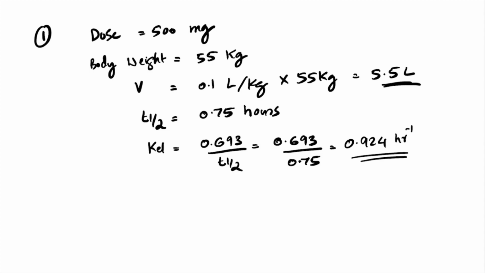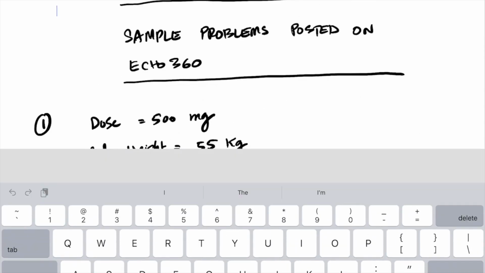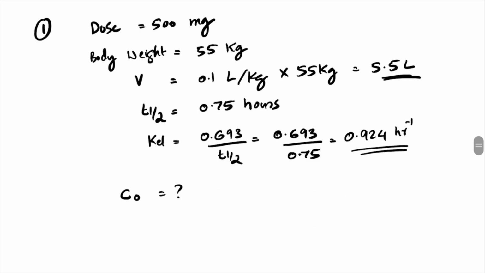What is being asked, the first question, is the plasma concentration immediately after the injection, which is C0. That's what they're asking us to calculate. One way to do this: we know that volume of distribution is equal to dose divided by C0.